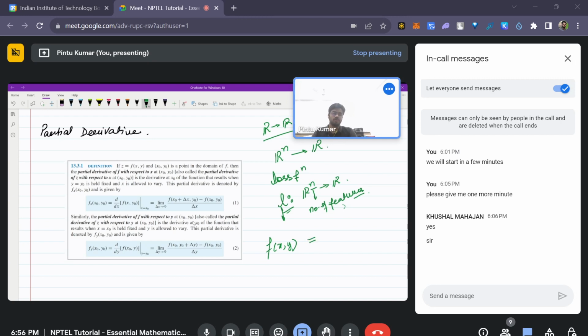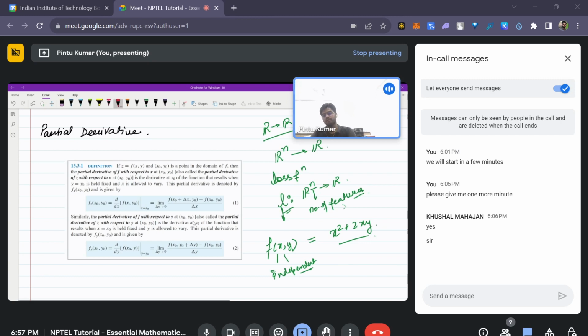Something like, let's say, x square plus 2xy. Now when you were taking derivative, initially you had only one dependent variable and one independent variable, so you used to take a derivative of independent variable with respect to your dependent variables. But now you have two independent variables, right?